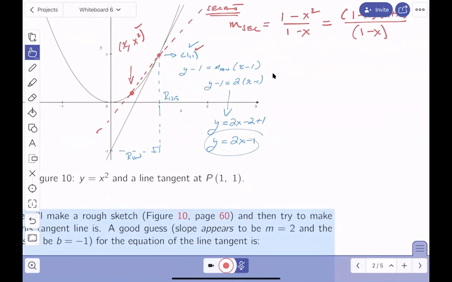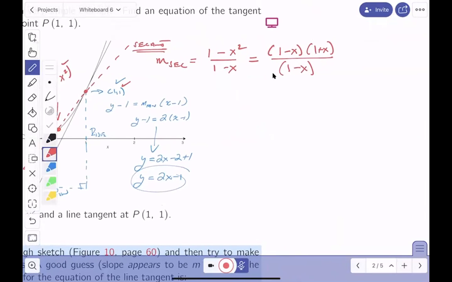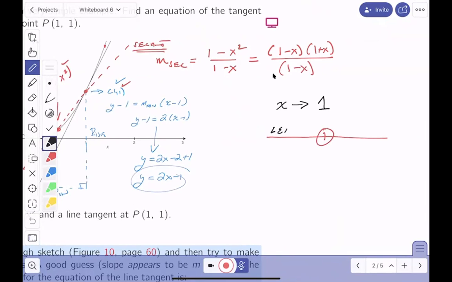But what I'm going to say now is, and I'll write this on the side for you, I want to take the x and I want to move the x towards 1. Here comes my problem. I'm not exactly sure where x could be, but I want to claim over here, x could have also been over here. So what I'm going to claim is you're going to approach the number 1 from both the left and the right of it.